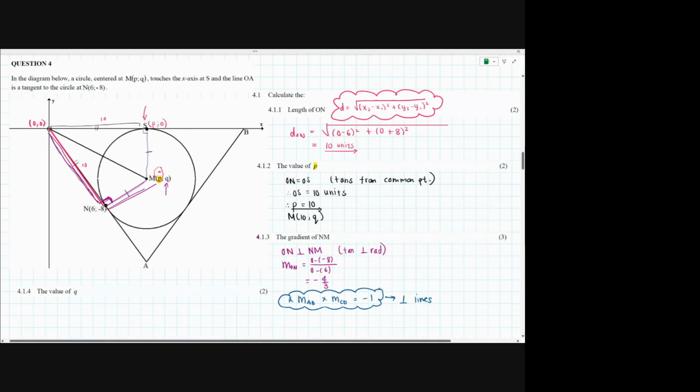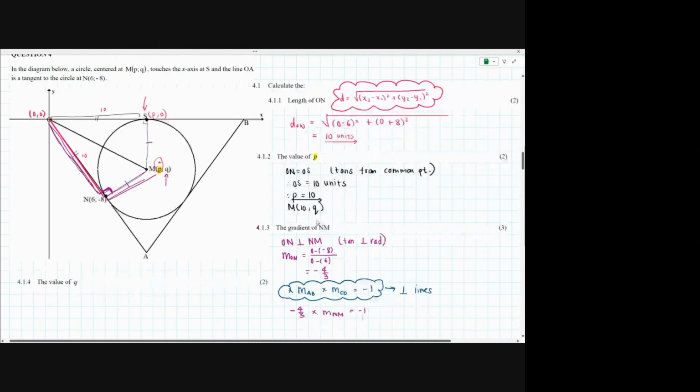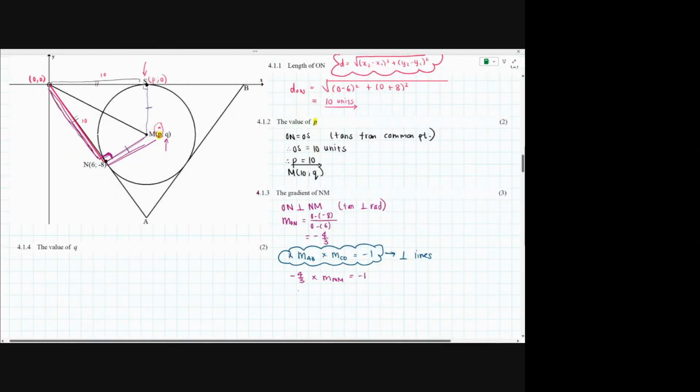Parallel lines, as we've already spoken about, have the same gradient. So we can use this fact to now work out our gradient of NM. If I take negative 4 over 3 and I times it by our gradient of NM, I must get negative 1, which means that my gradient of NM is equal to positive 3 over 4.